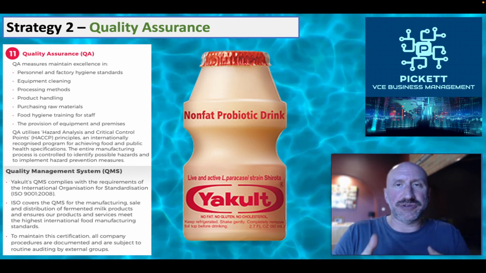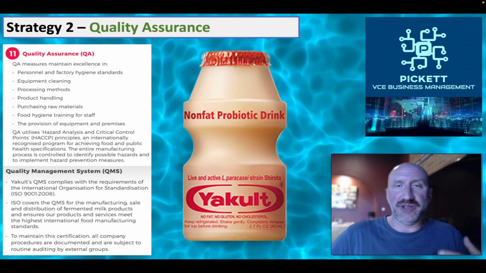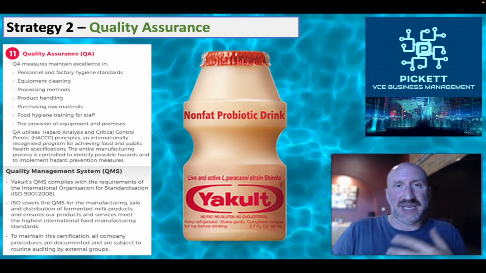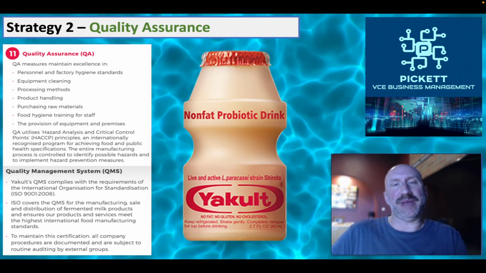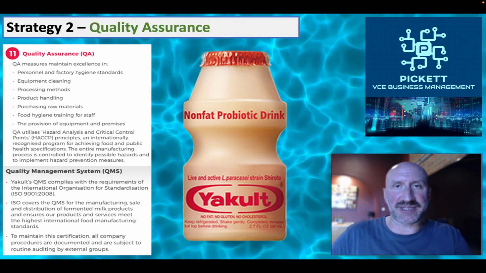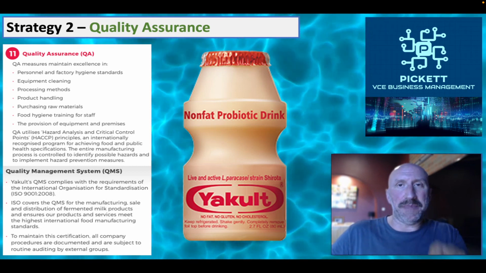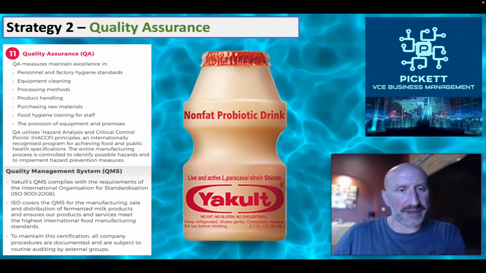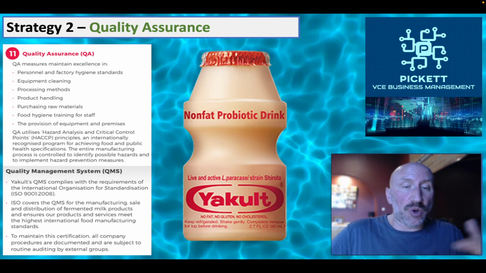If we're doing those things, it minimizes the risk of errors with the product occurring, particularly those associated with hygiene and cleanliness. So that's what I mean by being proactive. They are proactive strategies which the business can take, minimizing the risk of problems occurring further down the track.